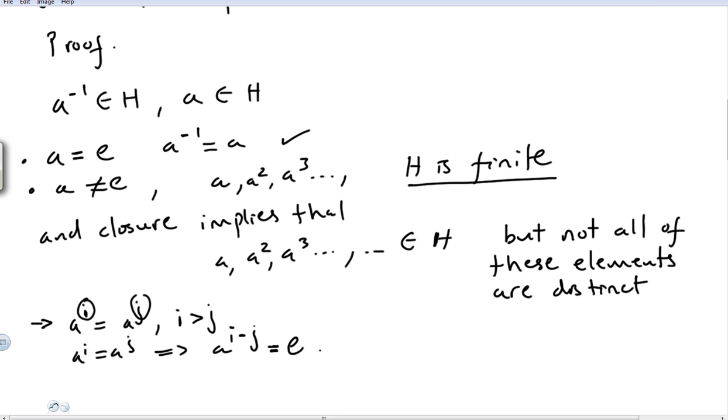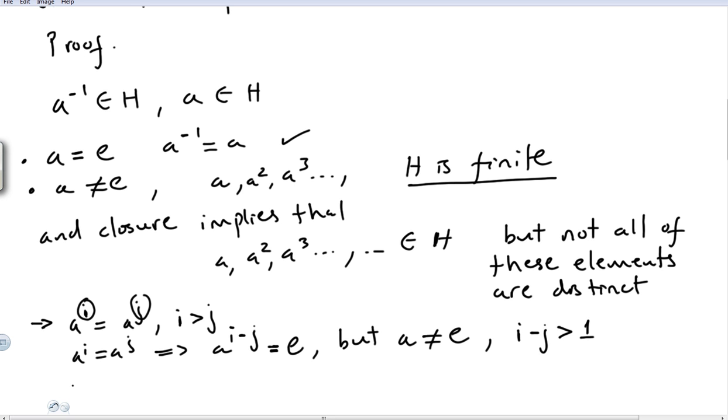Okay, but the element a is not the identity, right? Okay, and since i is greater than j, i minus j has to be greater than 1, right?